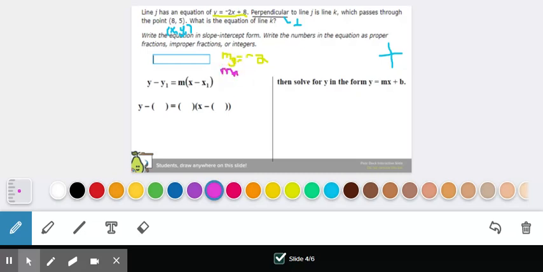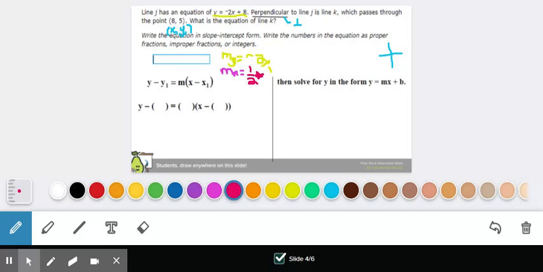Mn equals, so not negative 2, I know it's going to be positive, and remember, that's a whole number, so it always has an imaginary denominator of 1. So if I flip that, now my new slope is going to be positive 1/2. So this is my new slope that I want to use. Okay, 1/2.